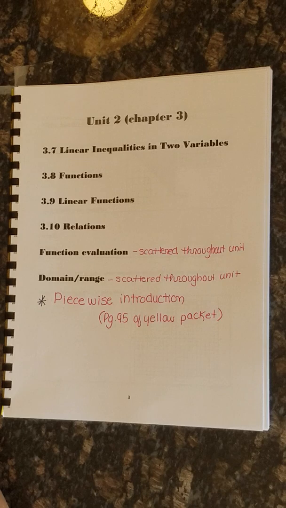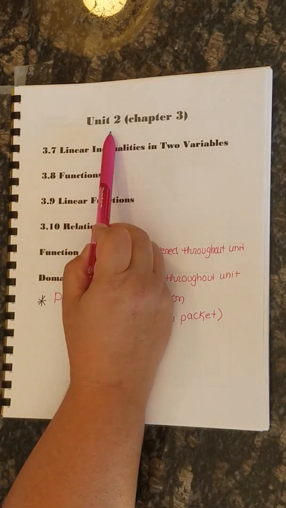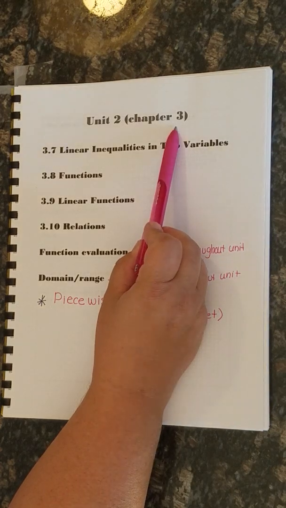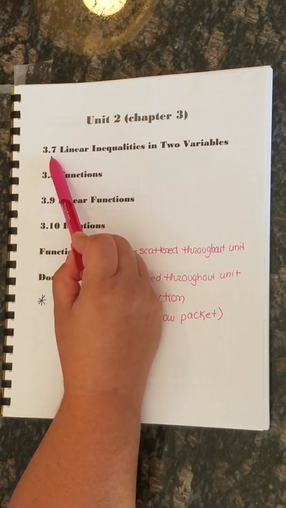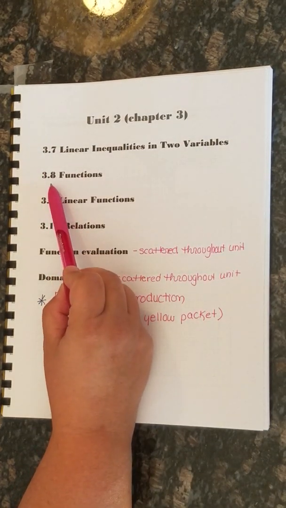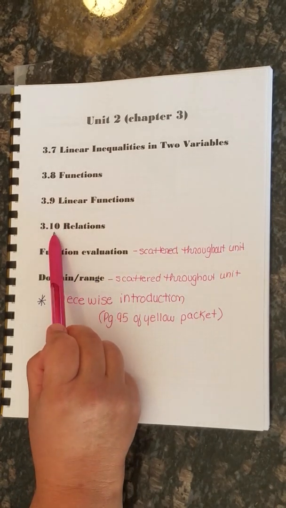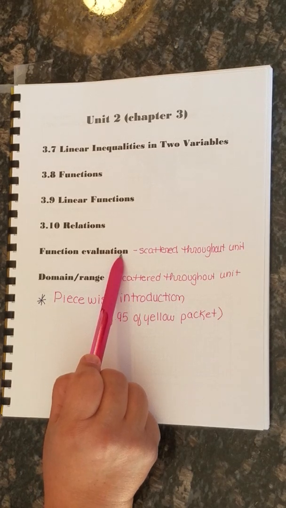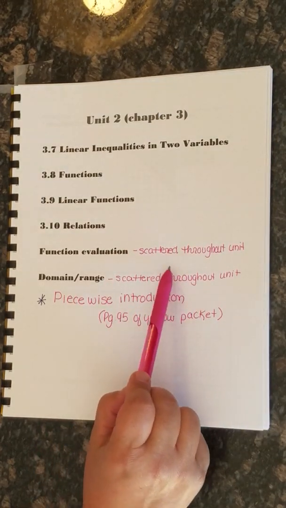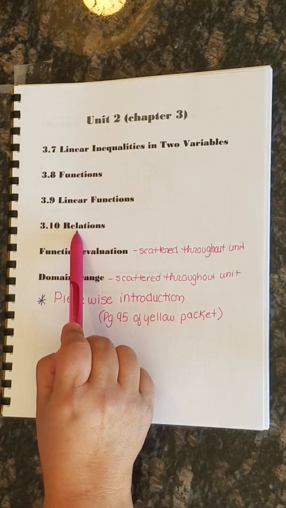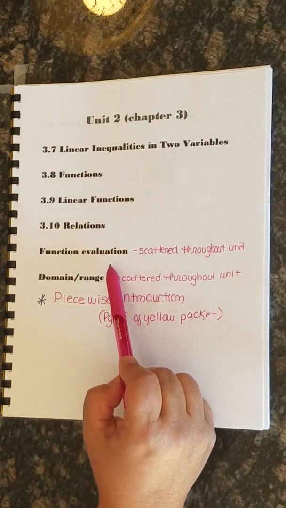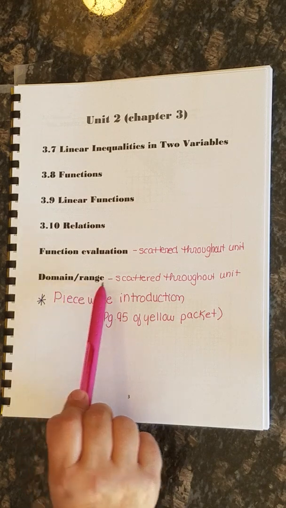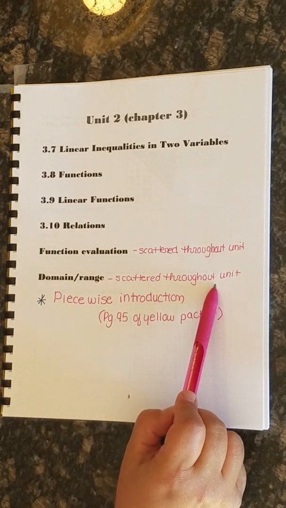All right, we're going to start a new unit here, our Unit 2, which primarily comes from Chapter 3, sections 3.7, 3.8, 3.9, 3.10, with some function evaluation scattered throughout the unit. Then I throw some graphing and function evaluation in there, and some domain and range, which I also scattered throughout the unit.